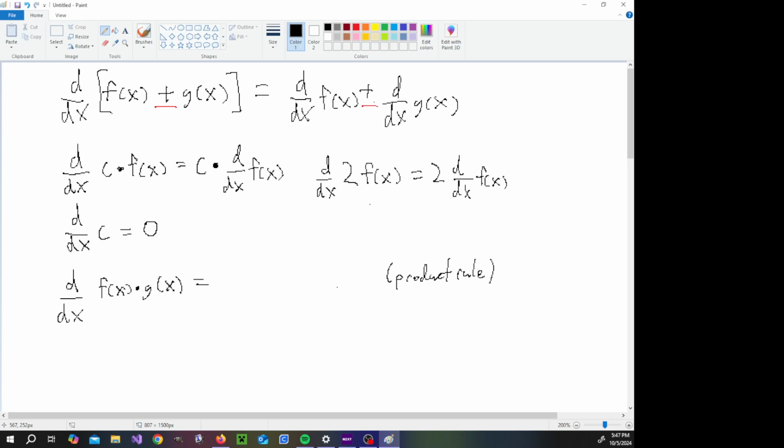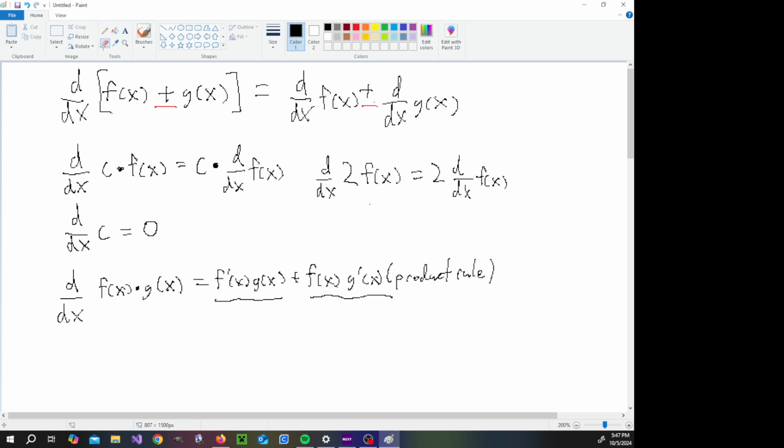That is not going to happen with multiplication or division. So with multiplication, it's going to be f prime times g plus f times g prime. This is what I mean by saying you take turns with the derivative. The first function gets it first, and then the second one gets it next. So f prime times g plus f times g prime.